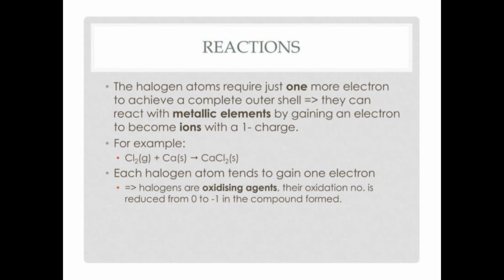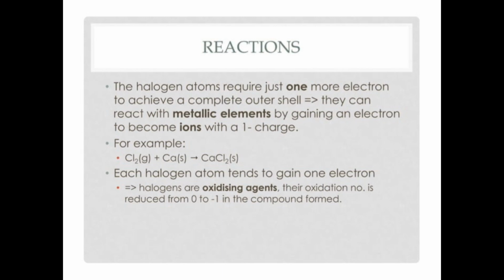And as such, because they will be accepting electrons, especially from metallic elements, they react easily with group 1 and group 2 elements, especially group 1. And of course, when they react with group 1 and group 2 elements, they form ionic compounds. They will have a -1 charge.